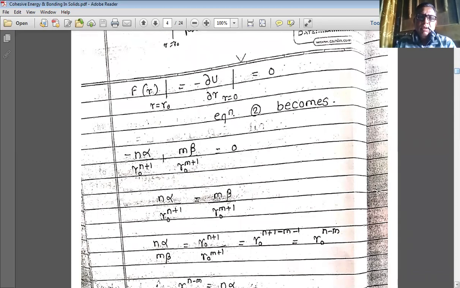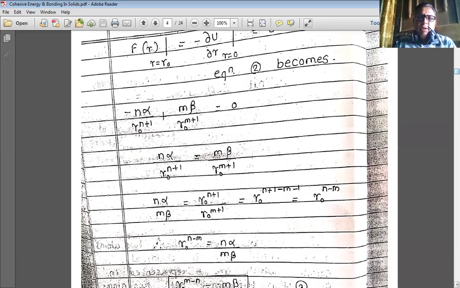The minus sign goes away. So nα divided by mβ is equal to r₀ to the n plus 1 divided by r₀ to the m plus 1, which is r₀ to the n plus 1 minus m minus 1. The plus 1 and minus 1 cancel, so it becomes r₀ to the n minus m.